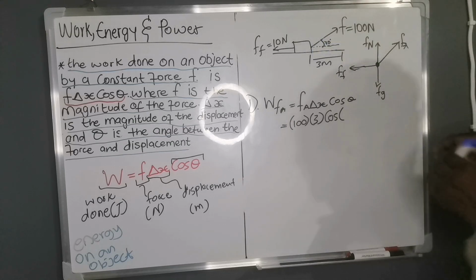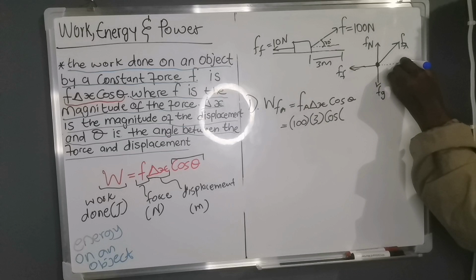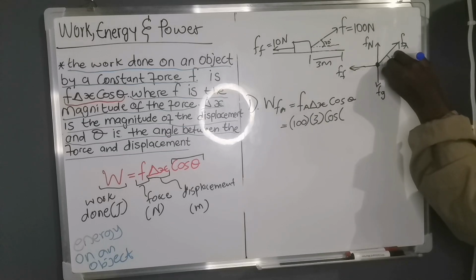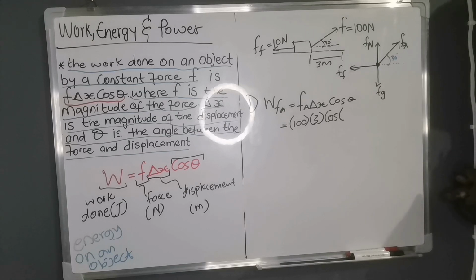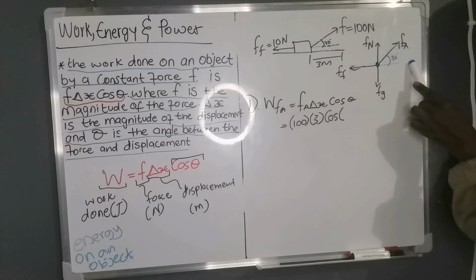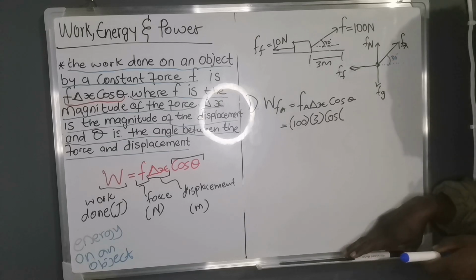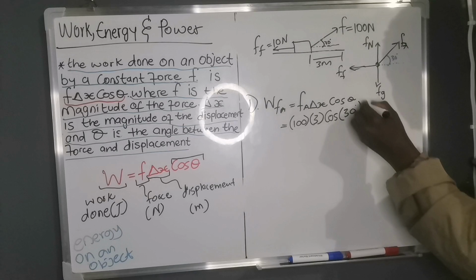Let me just draw. Here's our angle. It's 30 degrees. I'm just extending some lines on the free-body diagram so you can understand it. Force, displacement, 30 degrees. Hope you can see it. So now you're going to write 30 here.